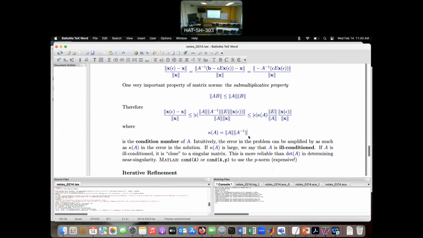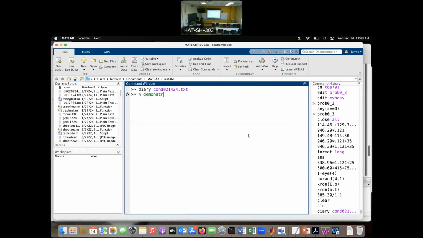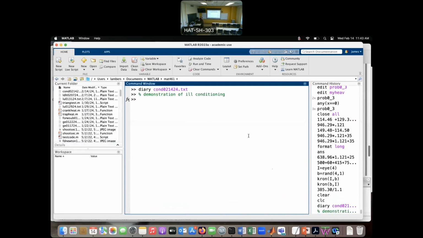Okay. All right, I'm going to take a little time to do a MATLAB demonstration involving the condition number. So I'm going to create a 2 by 2 matrix.